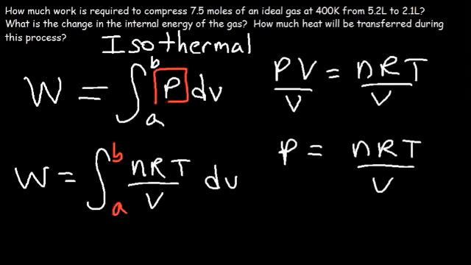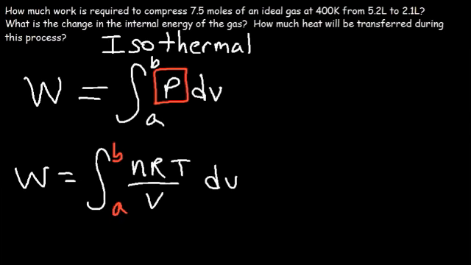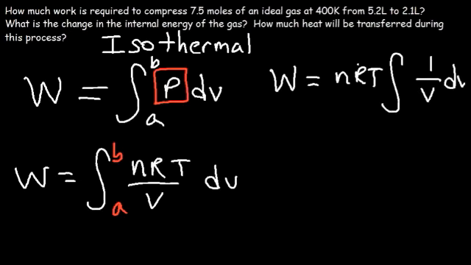We can now replace P with nRT over V. Now since the differential is based on the variable V, we're going to treat nRT as constants, so we can move it in front of the integral. So the work is going to be nRT times the antiderivative of 1 over V dV.